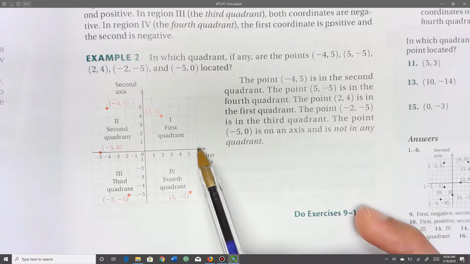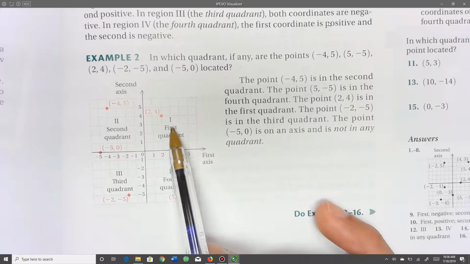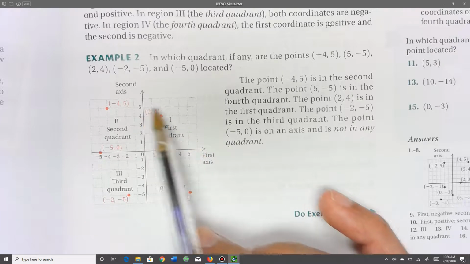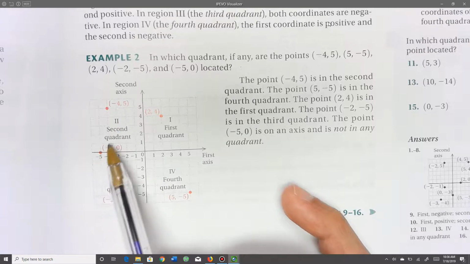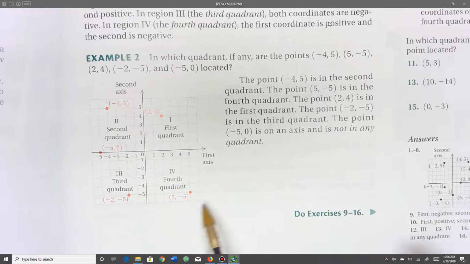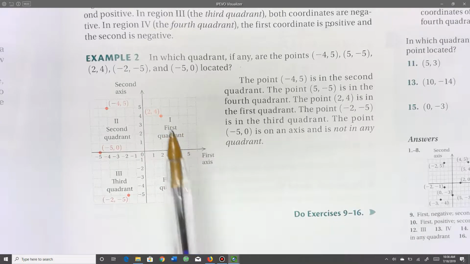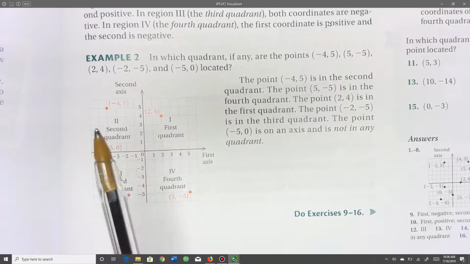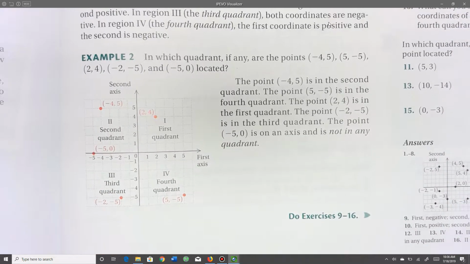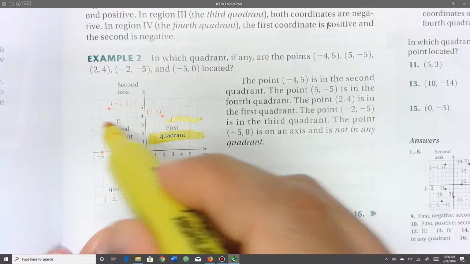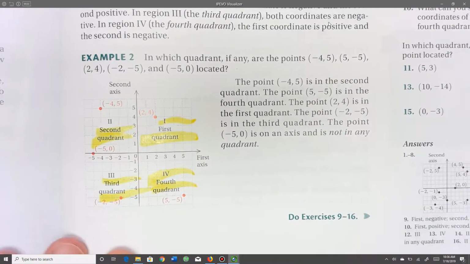So if you think about it that way, you know that you start here, and that should be your first quadrant. Then the second should be here because you're moving left, like this, counterclockwise. All right. So make sure you memorize this too. First quadrant, second quadrant, third quadrant, fourth quadrant, and let me go ahead and highlight it because that's important. You need to know that. All right.